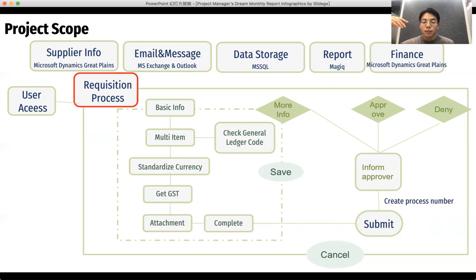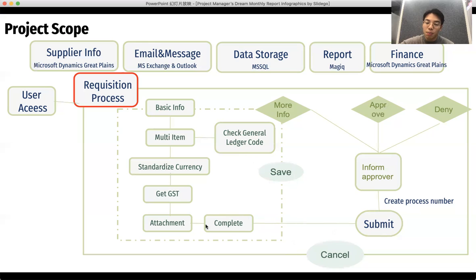And the system should allow the user to attach some extra information, for further explanation of why this procurement is necessary, or how it would affect the company, with more details. During the whole form filling, the user could also save the form at any time, or just cancel at any time.